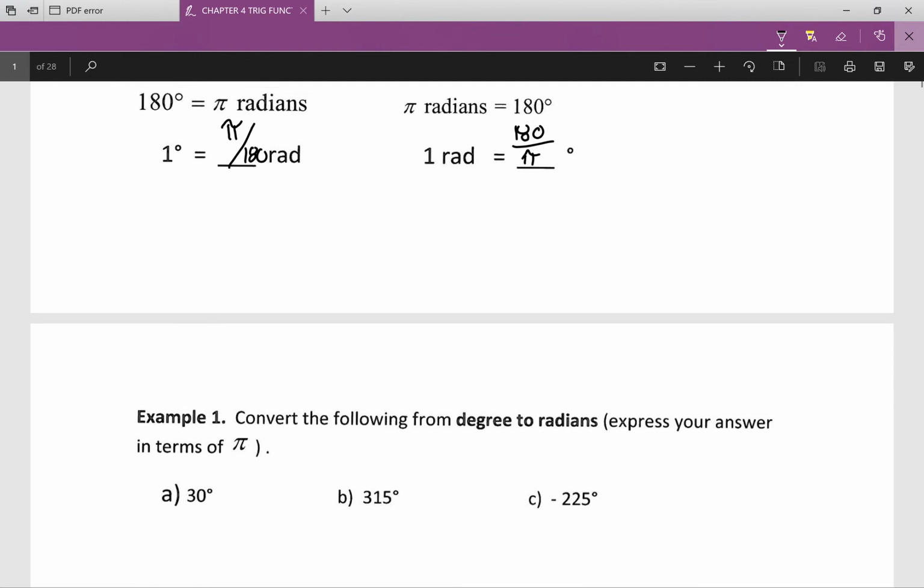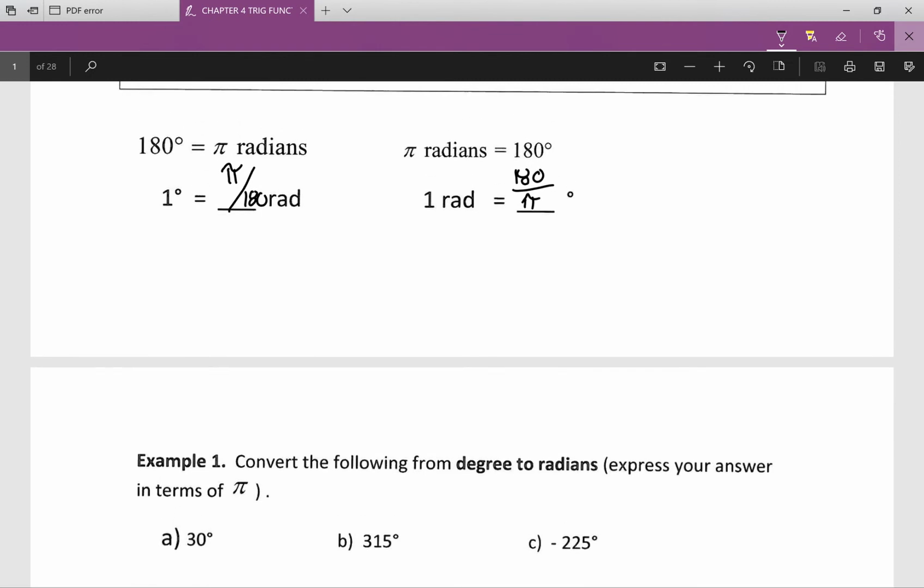And that actually gives us our conversion ratio. So if we're trying to convert from degrees to radians, I multiply by pi over 180. If I'm trying to convert from radians to degrees, I multiply by 180 over pi.